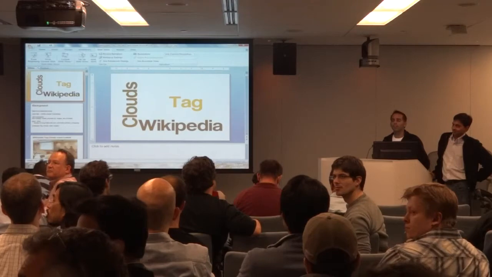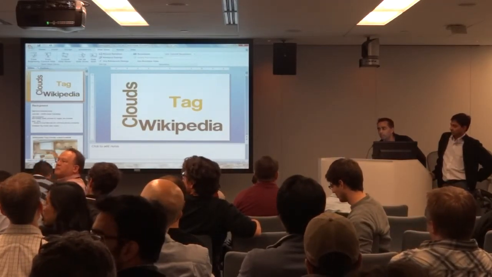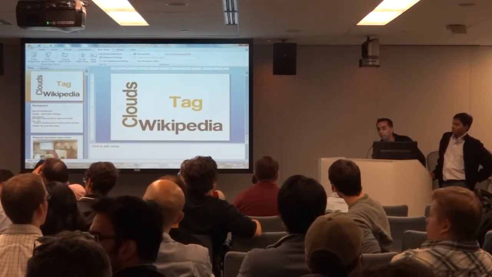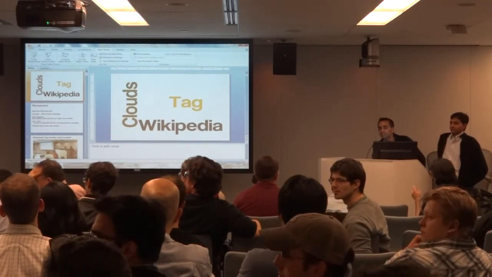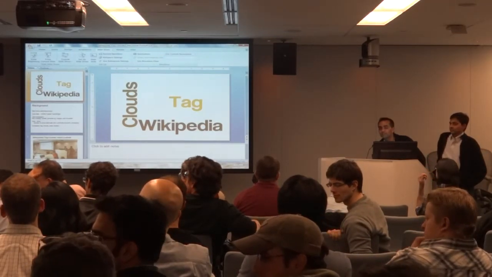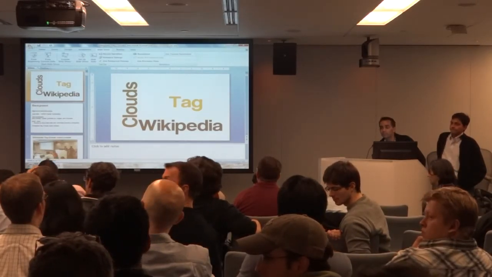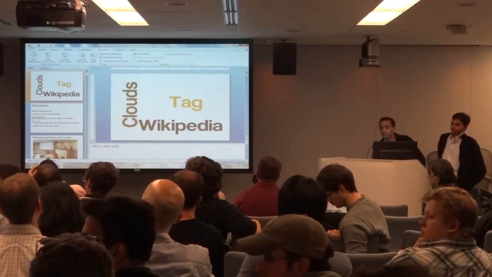Sorry, I missed the question. The question was, how long did it take to feed the 31 gigabytes of Wikipedia data to HDFS? I don't know. I can't tell you that offhand. There's the time of uploading it to Amazon, which is restricted by your internet connection, because we were running our cluster on Amazon.